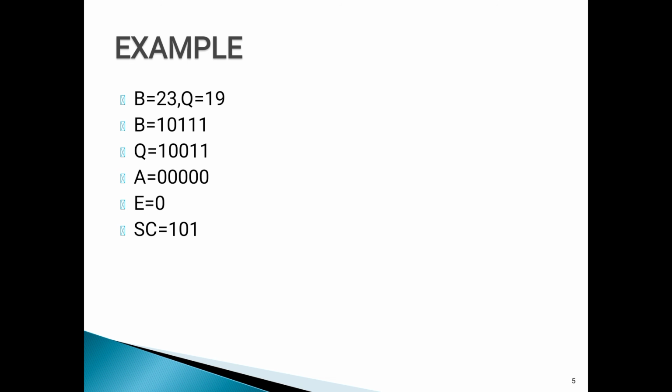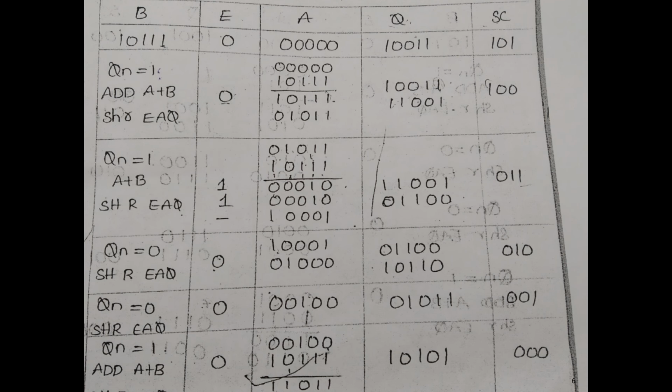After writing the initialization, write the table to perform the multiplication operation. So here we have B, E, A, Q, SC.